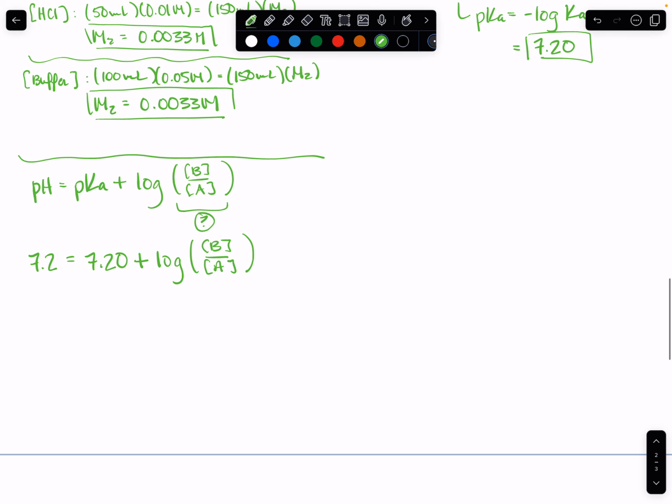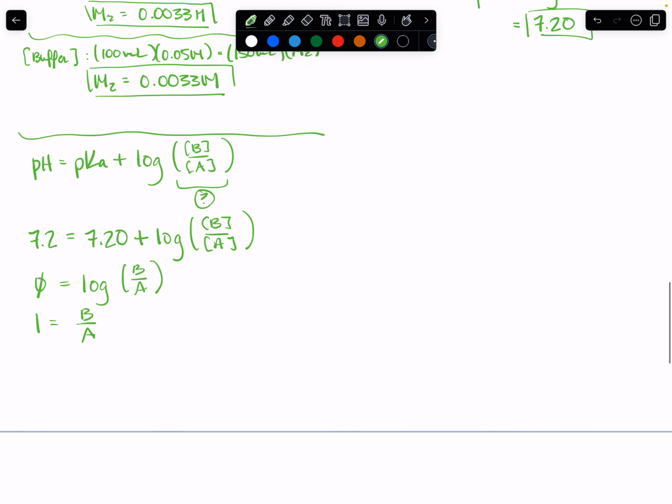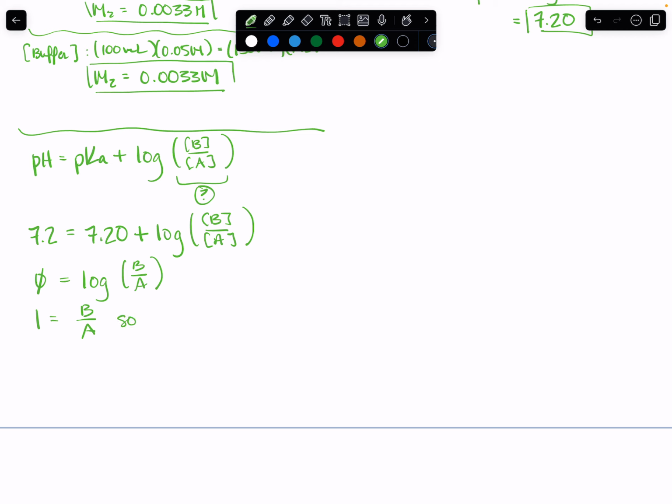So if I subtract that 7.2 over, I get a 0 here, and I'll have the log of the base over the acid. If I take the inverse log of both sides, I find that the ratio of acid to base is equal to 1.